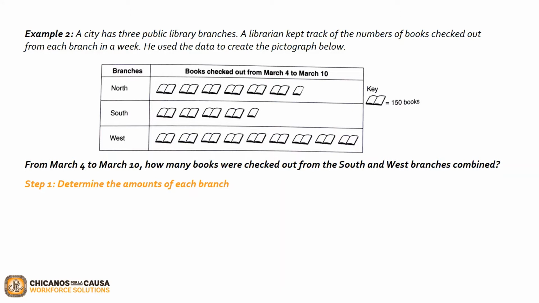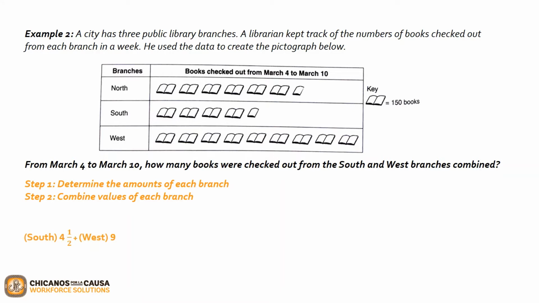Again, each of those either representing 150 books or 75. While at West, we have 1, 2, 3, 4, 5, 6, 7, 8, 9 books, each representing 150 books. Now, because this particular problem is asking us to find the amount of South and West branches combined, that's what we're going to go ahead and do.